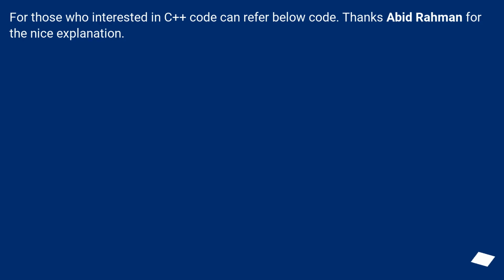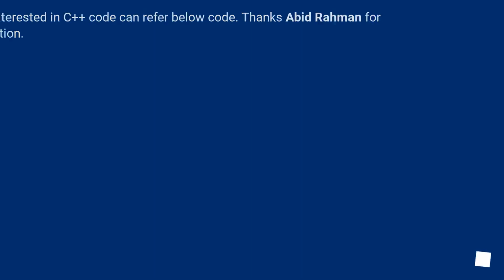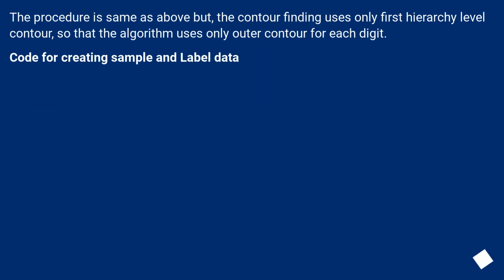For those interested in C++ code, you can refer to the code below. Thanks to Abid Rahman for the nice explanation. The procedure is the same as above, but the contour finding uses only the first hierarchy level contour, so that the algorithm uses only the outer contour for each digit.